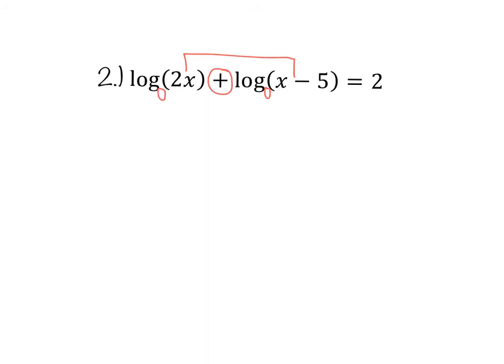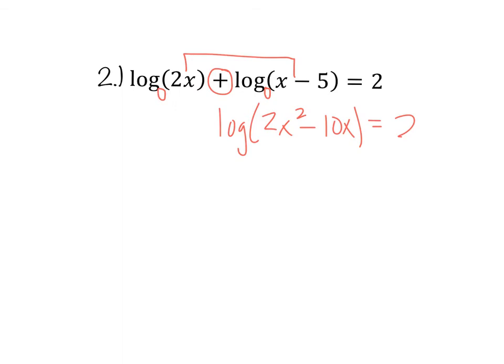I've told you this before. So we need to combine them into one single log. Because it's addition, I'm going to multiply. So first of all, let's do the log of, now 2x times x is 2x squared. 2x times negative 5 is negative 10x equals 2.